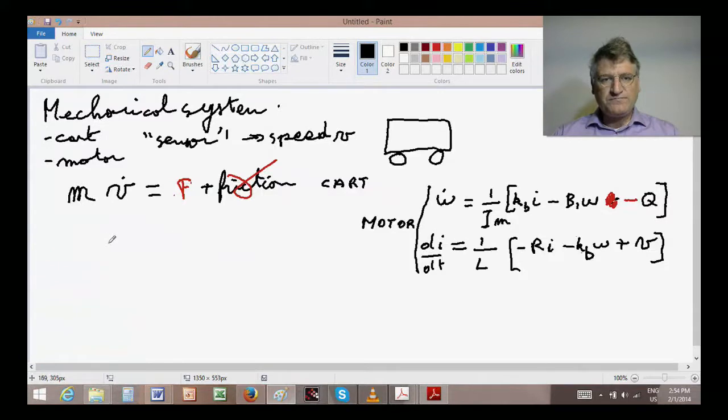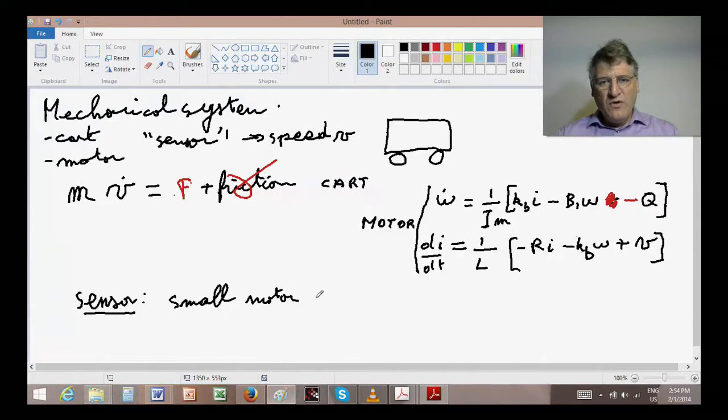Now, for the sensor, we are going to use a smaller motor with low inertia and low everything.